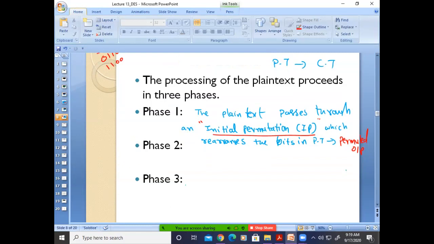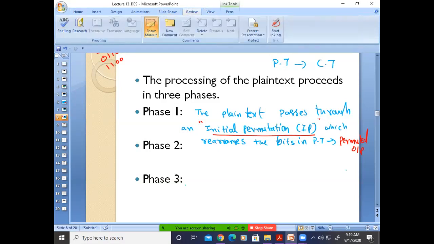Yes, sir. So in phase 2, what happens? This permuted output will pass through 16 rounds. Phase 2 is nothing but the Feistel structure. The data coming from the first phase, the permuted output, will pass through these 16 rounds to produce the pre-output.